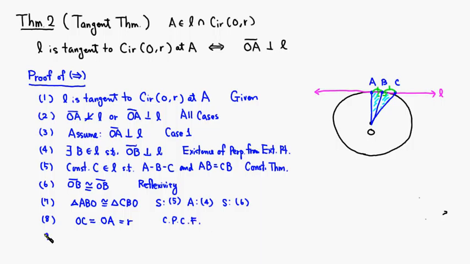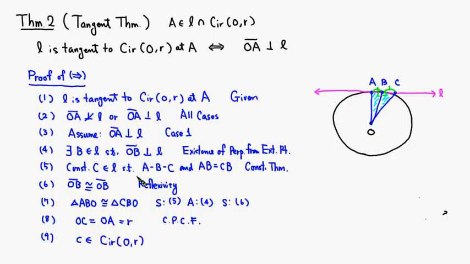Then, if OC is equal to R, C is going to be on the circle as well.